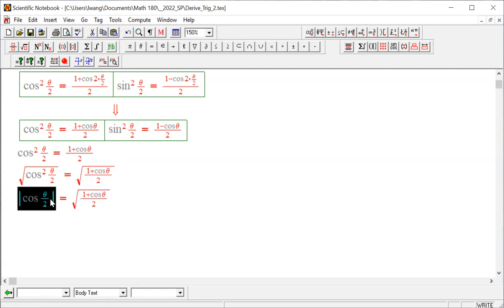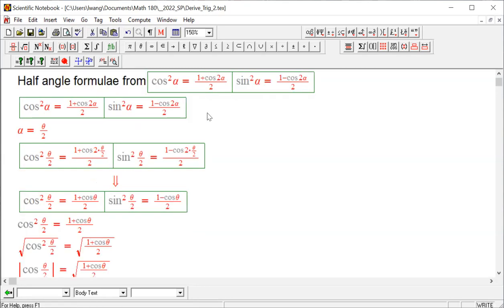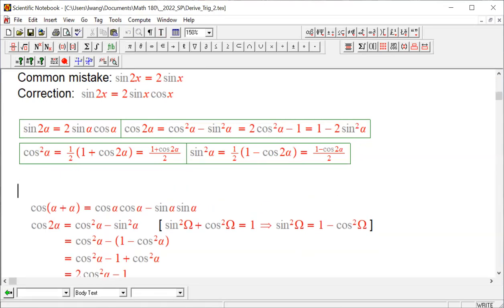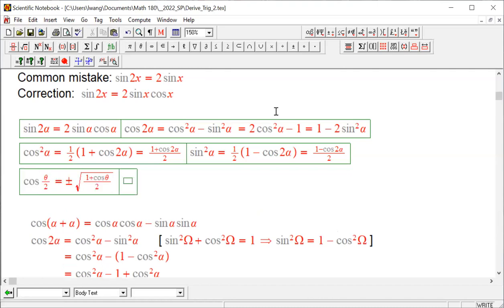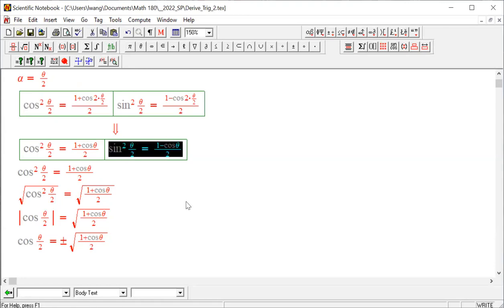Then cosine theta over 2 is equal to plus minus of that. So we get one of the half angles. We're going to put it right here alongside all the other formulas. And then we work similarly on this piece.